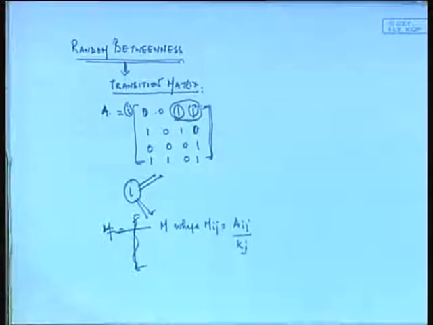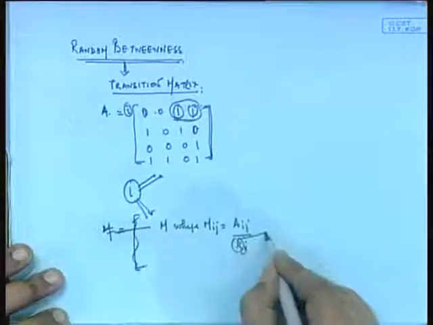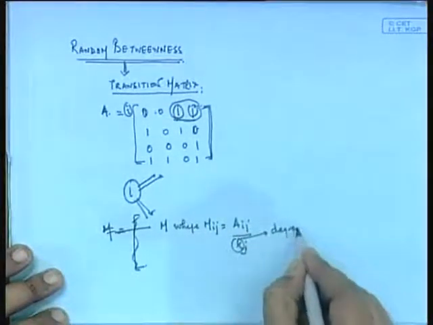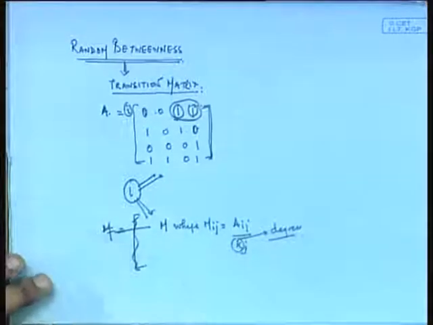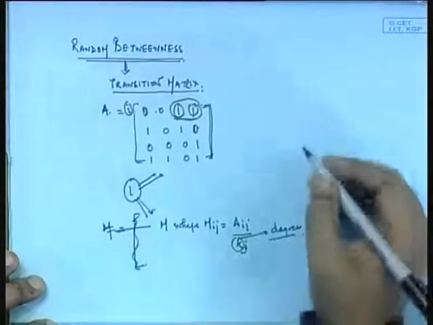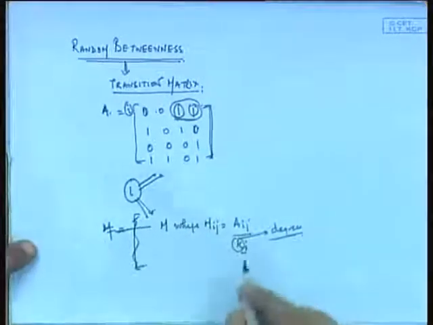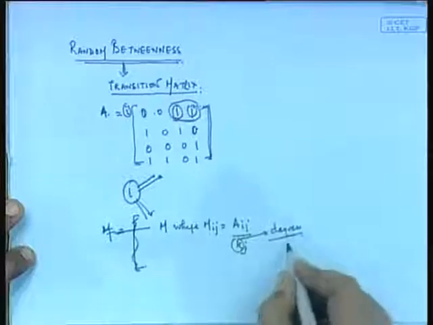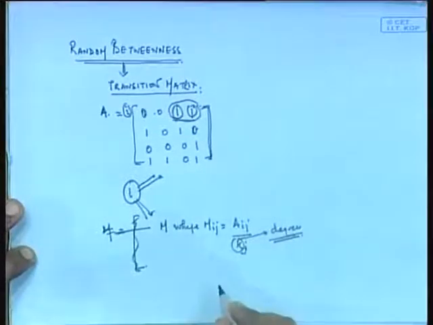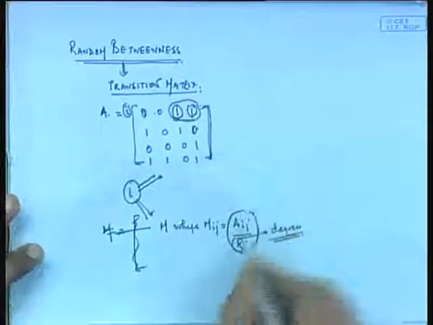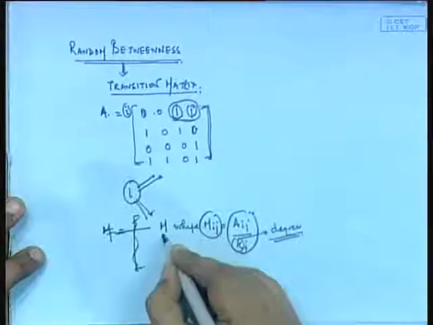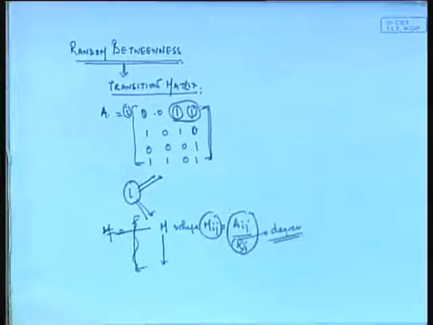It will be Kj. K is the degree. Okay. So let us think that this is Kj and I go on, I will explain. And now what we get is a matrix M, which is basically telling the transition at one step.